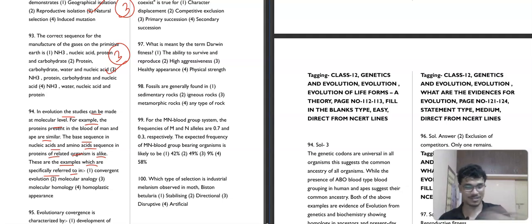This is a good question, I think. In evolution, the studies can be made at molecular level. Okay. For example, the proteins present in the blood of a man and apes are similar. Absolutely correct. The base sequence of nucleic acid and amino acid sequence in proteins of related organisms is alike. Correct. So this is an example of molecular homology. It is saying molecular level, so it is molecular homology. The second option is our correct answer. Then question number.